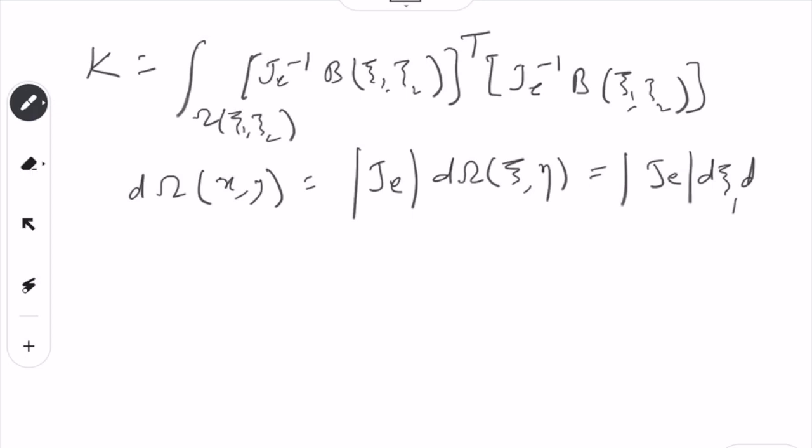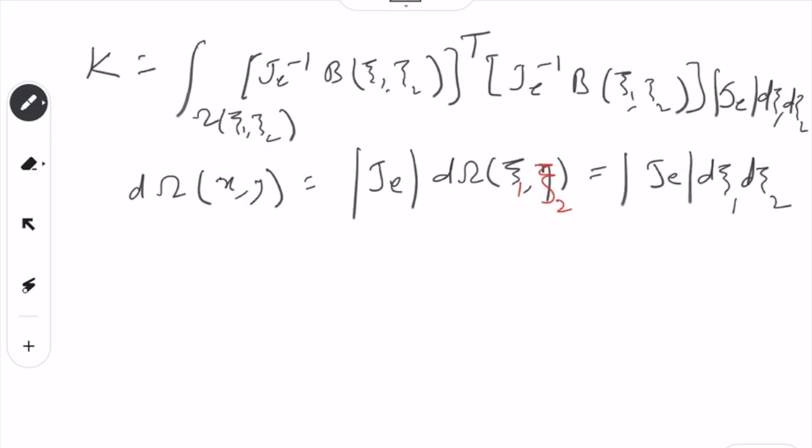Remember, this one is not eta, but this is xi 2. Hence, we will write J e, d xi 1, d xi 2.